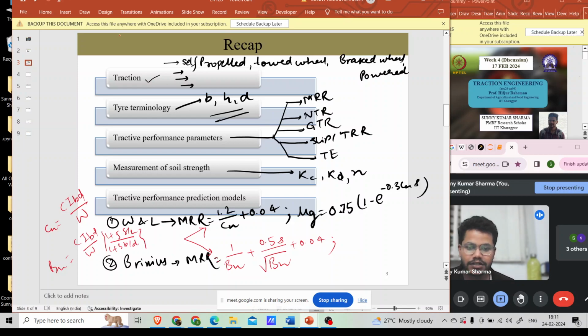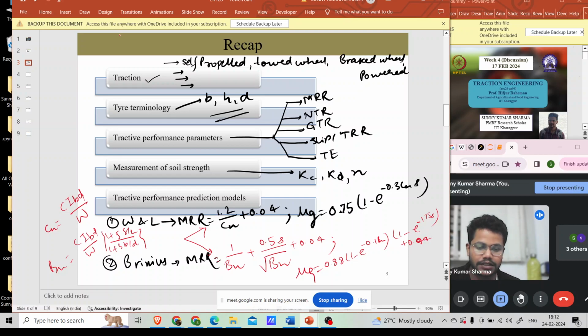This is the motion resistance ratio, and the gross traction ratio given by Brixius is 0.881 minus 0.1 mobility number into 1 minus e to the power of minus 1.75, okay, I don't remember exactly, into S plus 0.04.